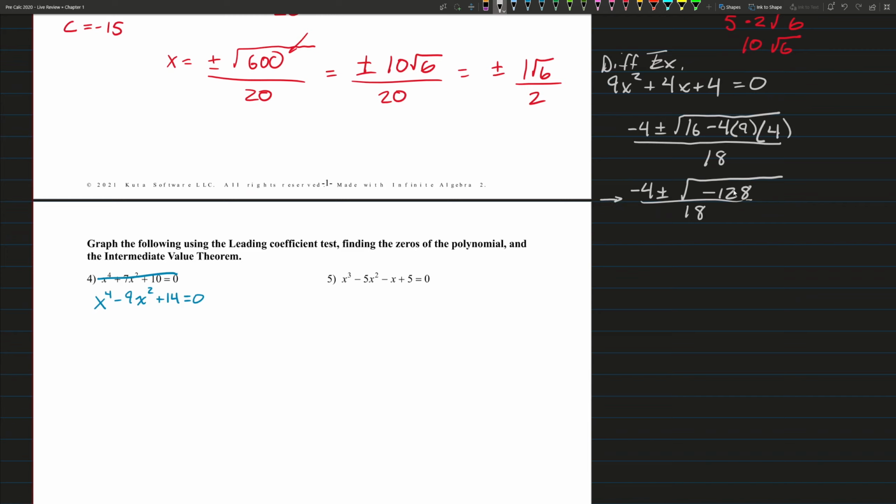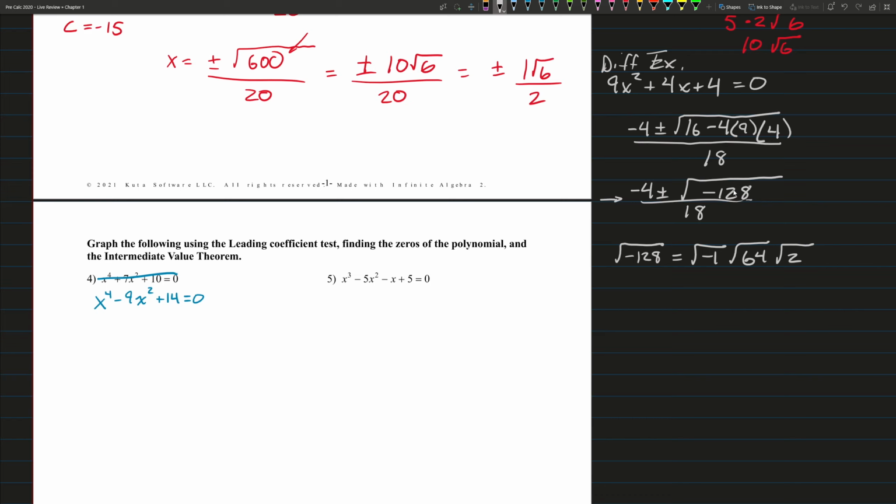Okay, so we need to look at square root of negative 128 because everything else is pretty simple. So square root of negative 128, we need to pull out perfect square factors, and then we need to deal with this negative. So we can rewrite this as the square root of negative 1, and then perfect square factors of 128. 2 goes in there and 64 times, so square root of 64, square root of 2.